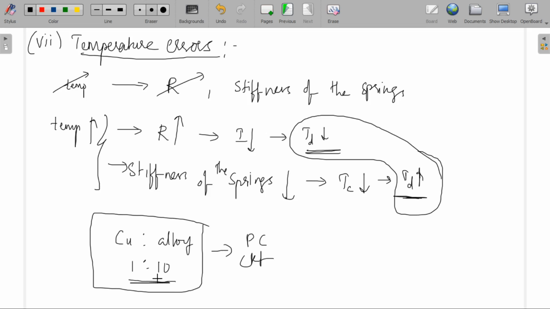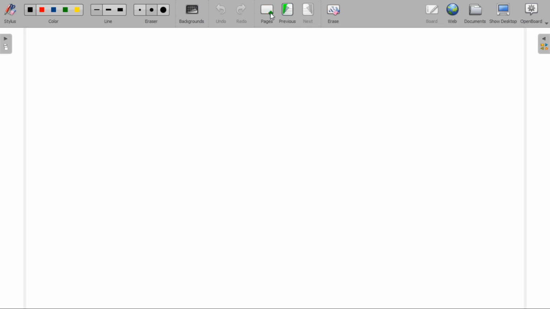If I maintain this ratio, these two effects will get nullified, as these two are opposite effects. Okay, so they get nullified if the pressure coil circuit is composed of copper and alloy in the ratio of 1:10.